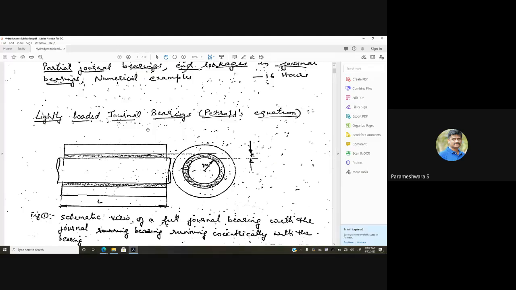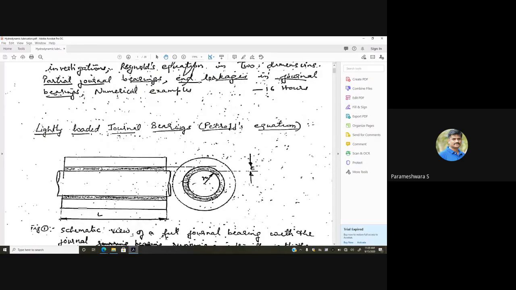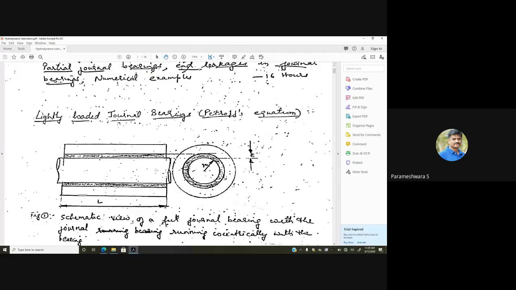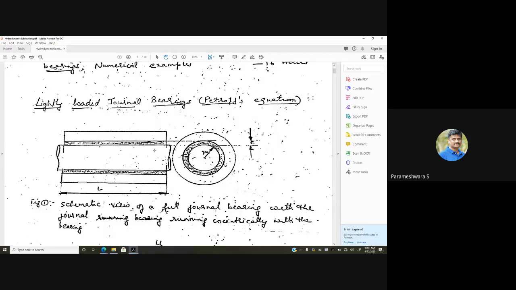This kind of lubrication is called hydrodynamic lubrication. Mainly it is observed in journal bearings. In order to calculate the load carrying capacity of the journal, Petrov developed an equation for lightly loaded bearings.